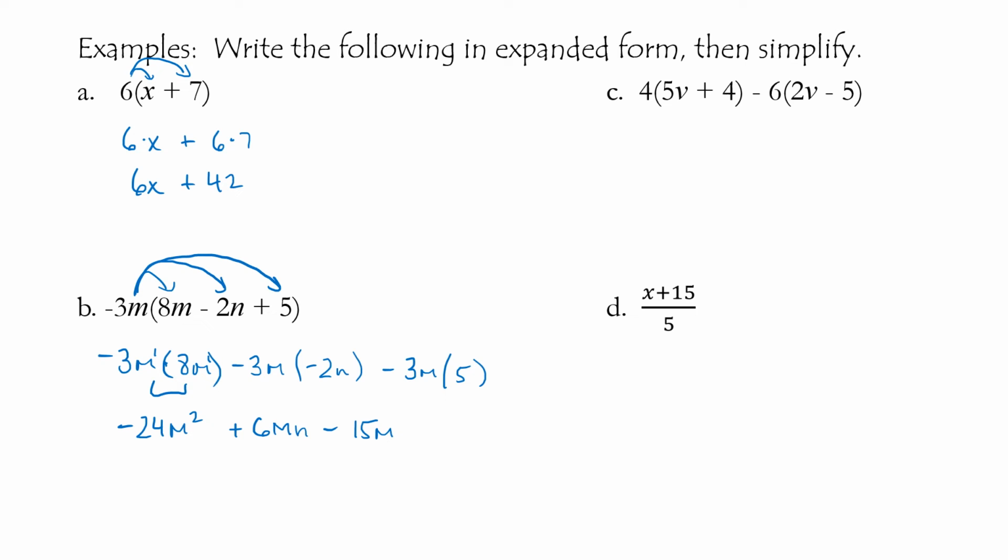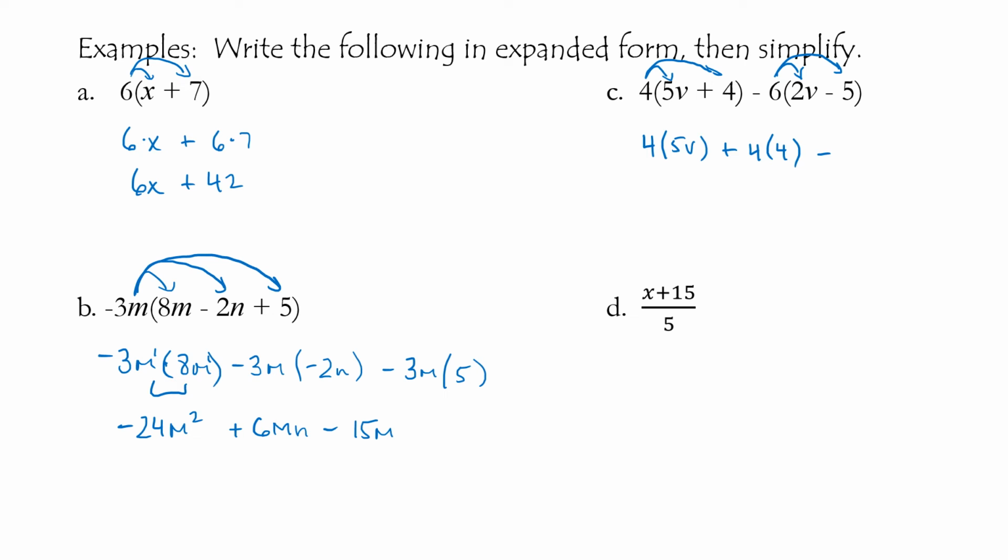Looking at C here, we have 4 times 5v plus 4, minus 6 times 2v minus 5. So I'm going to multiply this 4 by this parentheses, and I'm going to multiply this negative 6 by this parentheses. So 4 times 5v, and 4 times 4, and negative 6 times 2v, and negative 6 times negative 5. So I'm going to write that: 4 times 5v plus 4 times 4.